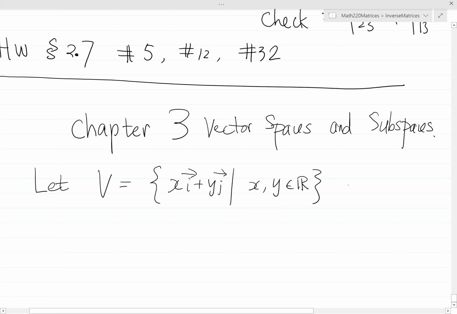So this V is a set, a space of two-dimensional vectors on the xy plane.